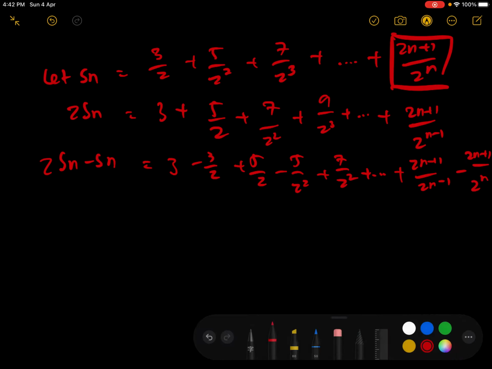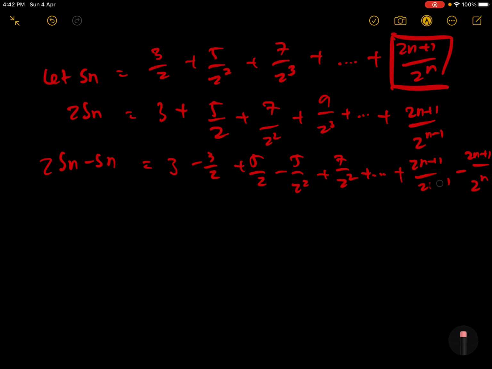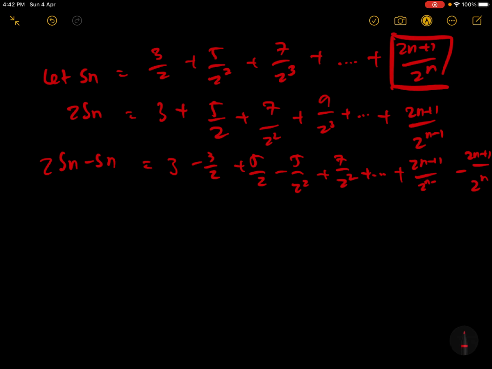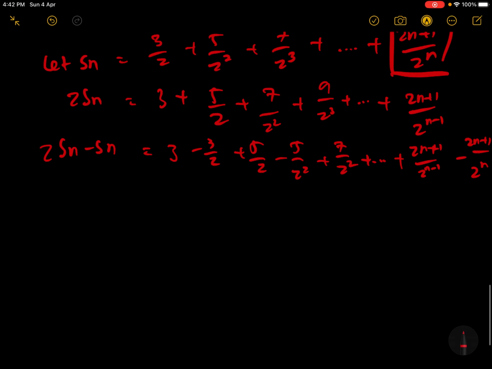So just take note, this is power. I know this one is 2n minus 1, but you don't have to really do that, as long as you get the pattern on the way.